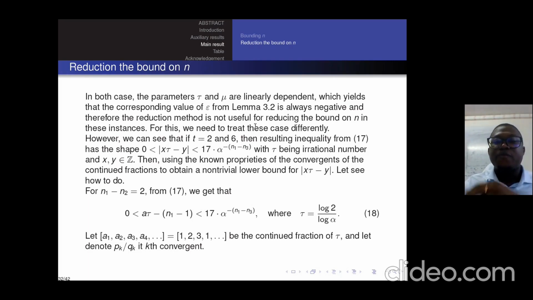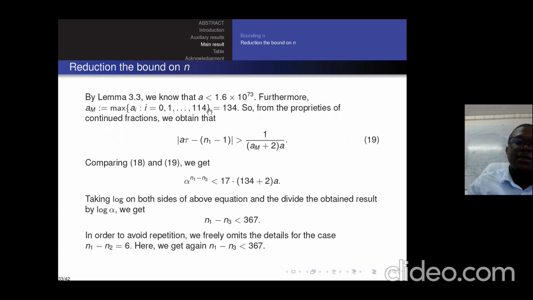Then, when we use the properties of convergents of the continued fraction to obtain a non-trivial lower bound for this absolute value, we will see that for n1 minus n2 equal to 2, from equation 17 we will get this equation 18. And if this is the continued fraction of tau, and we denote by p_k over q_k the k-th convergent, and by lemma 3.3 we know that A is less than 1.6 times 10 to the power 73, and furthermore we will get this.